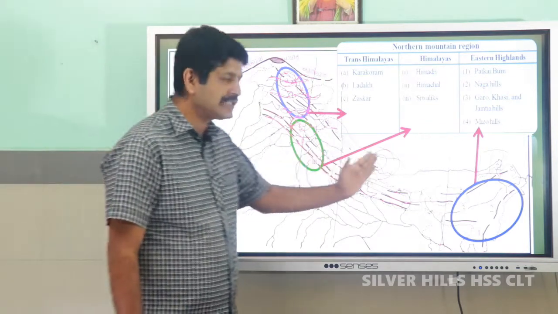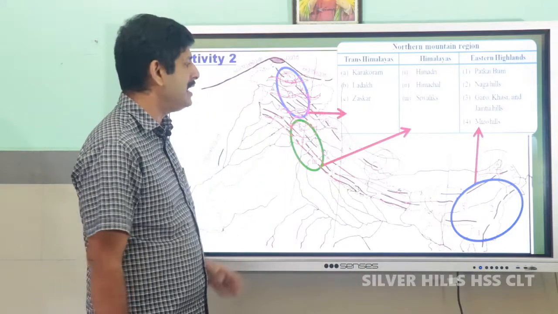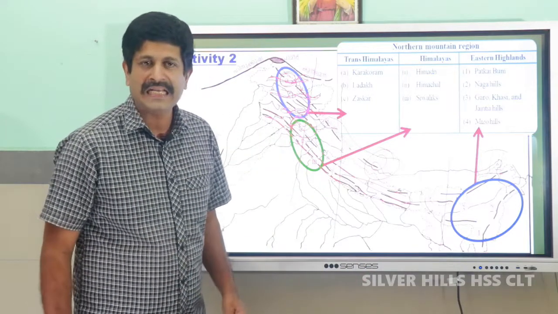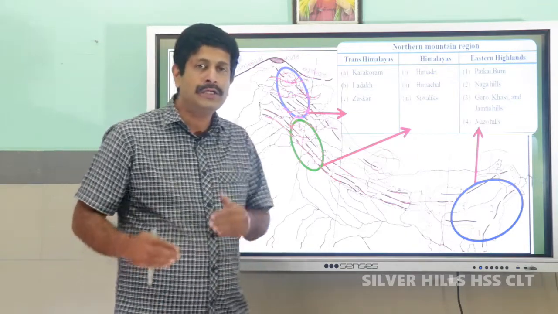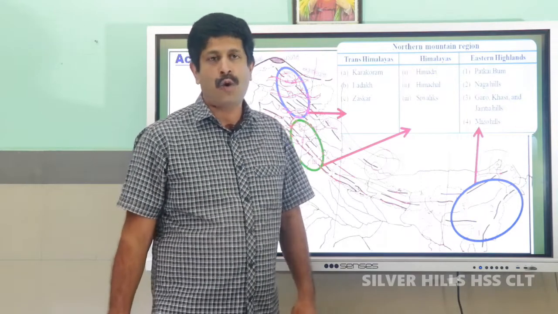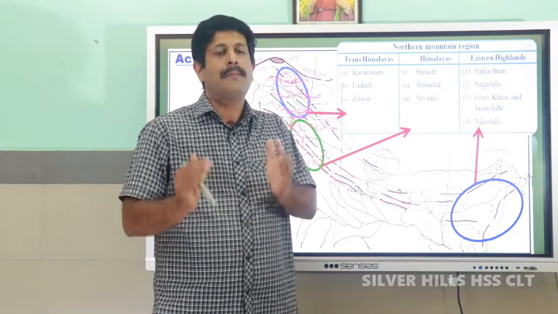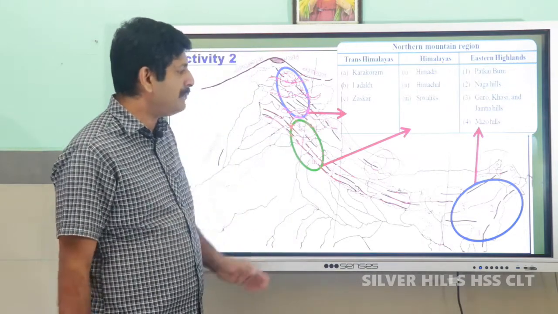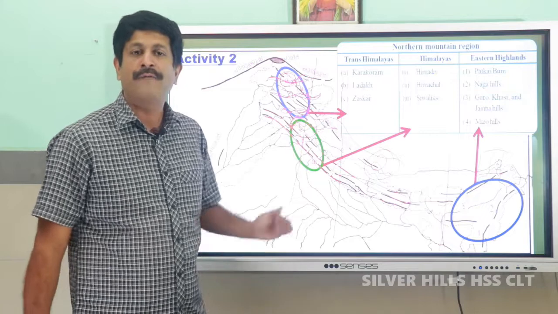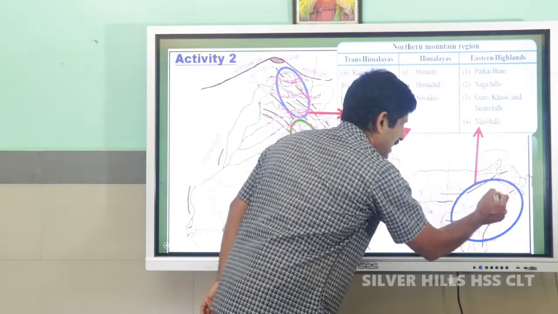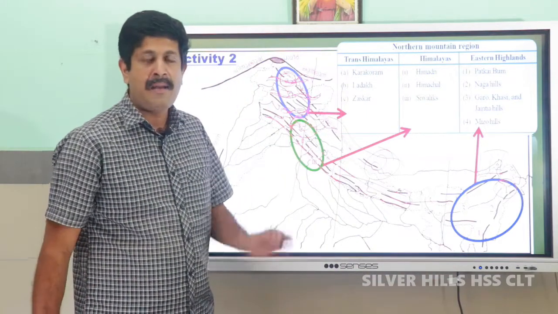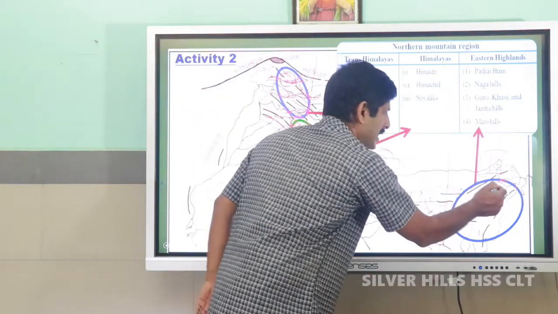Now the last physiographical division can be called the Eastern Highlands, also called Purvanchal. Now Purvanchal is divided into 4 physiographical divisions. The first one is the Patkai Bum.